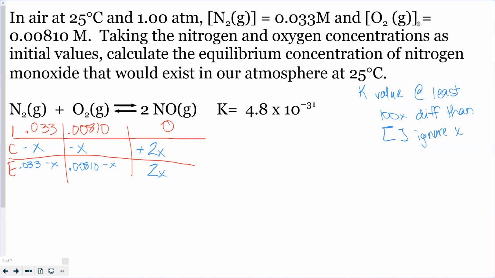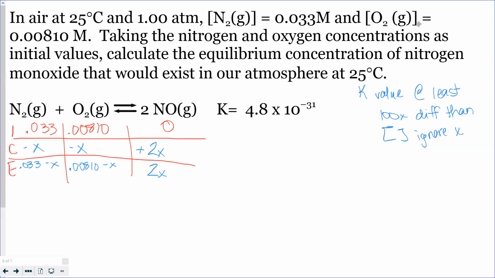So notice that our K value is 4.8 times 10 to the negative 31st. For nitrogen, 0.033 would be equivalent to 3.3 times 10 to the negative second. Negative second and negative 31st are 29 places different.